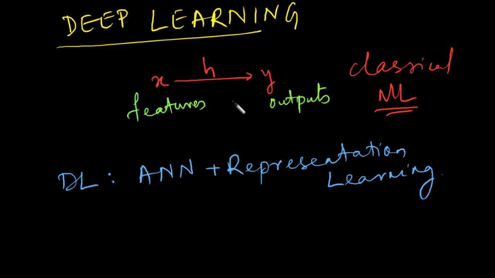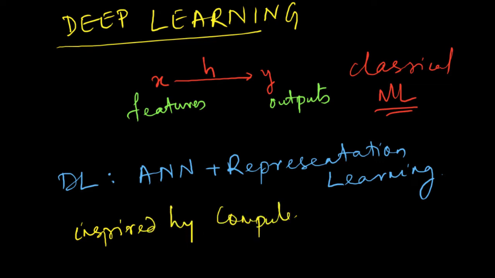Now, one more important point to note is that deep learning is not applicable to all problems. So broadly speaking, deep learning was inspired by computer vision, natural language processing, and speech processing.